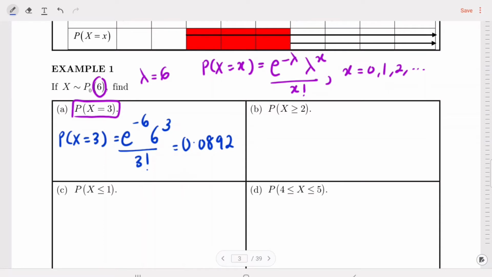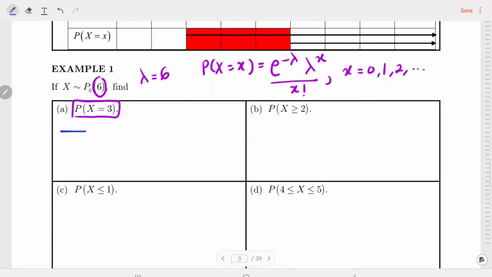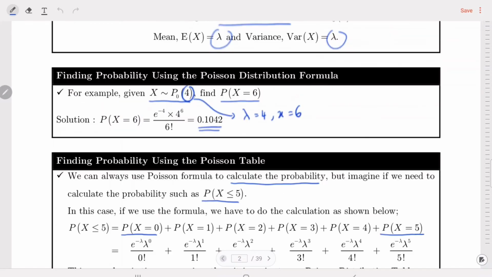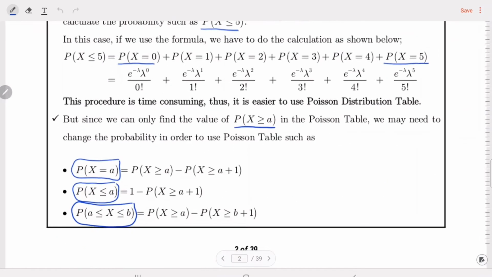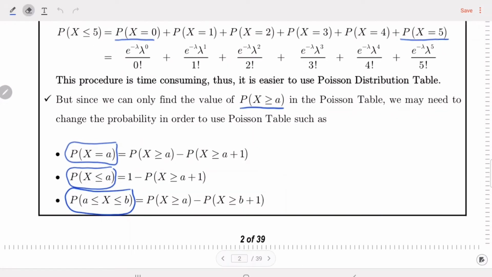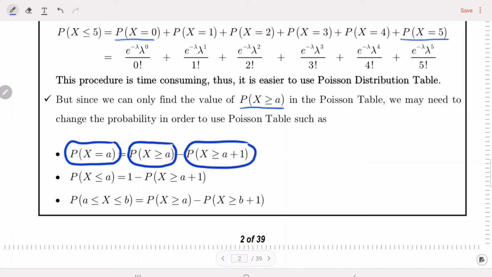The second method is to use the Poisson table. In order to use the Poisson table, we need to change our probability into greater than or equal. For the probability X equals a, it is equal to the probability X greater than or equal to a, minus the probability X greater than or equal to a plus 1.